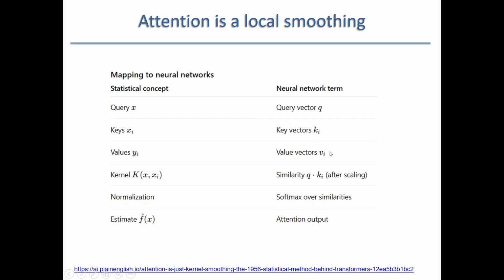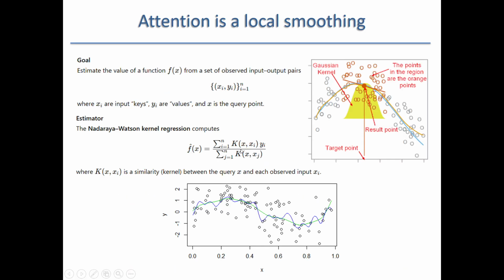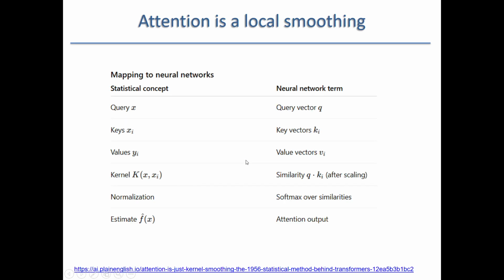We have some value vectors, and then we have to compare the similarity between, or how close x is to all those keys. We do that through a kernel, so through a similarity between the query and the keys, and then we have to normalize, so that we sum over the whole sum of comparisons of kernel similarities.